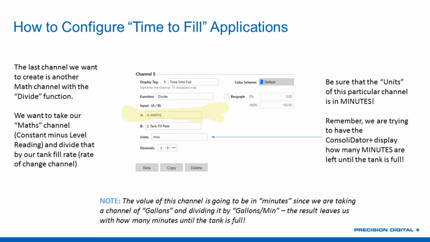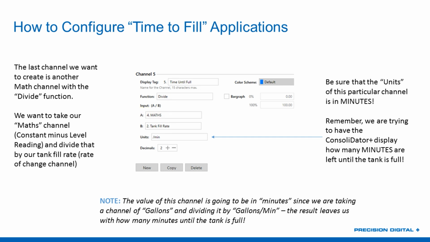And so if you think about it that way, you go, oh, wait a minute. All I have to do is know how much space I have left until I'm at the end and divide that by my speed, and I should get how long it's going to take me to get there. And that's exactly what I'm doing here. I'm taking the difference between our level reading, how much is in the tank, subtracted from our constant channel, and then we're dividing that by our rate of change.